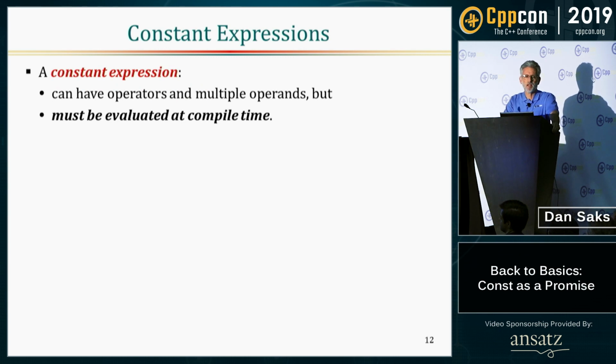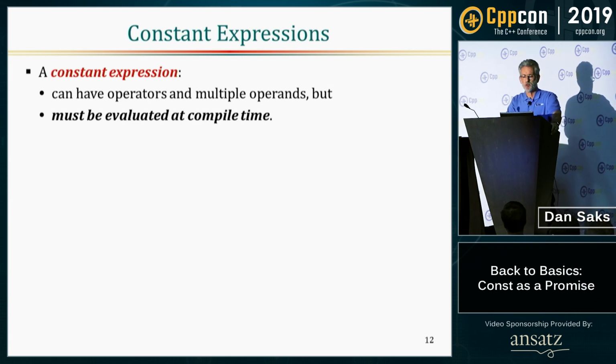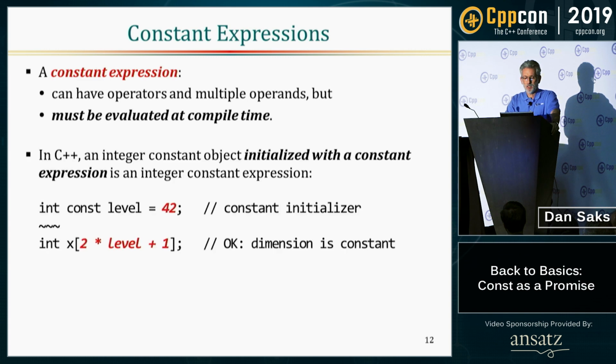Constant expressions can involve operands and operators. It's not just a single integer literal or a single identifier. There can be operations in there as long as the whole thing can be crunched at compile time. So a constant object initialized with a constant expression is itself a constant expression.